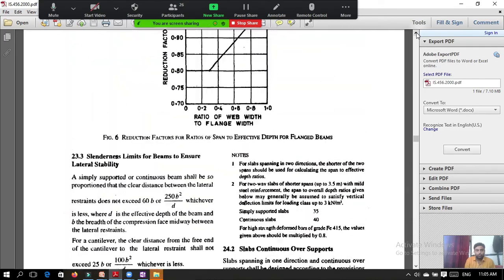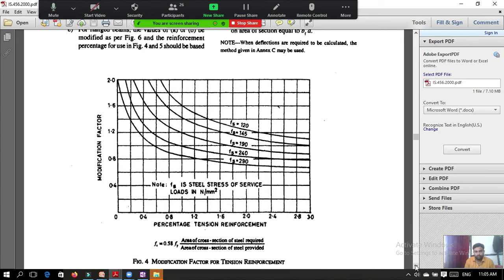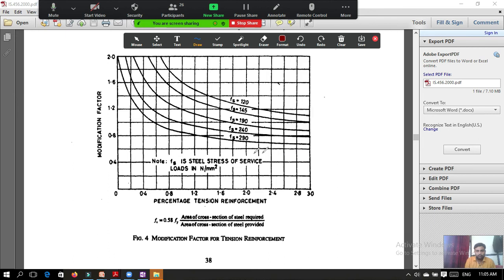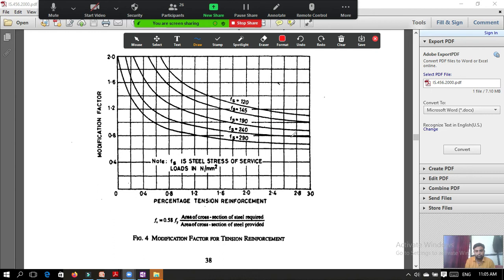So, this is the diagram. Now see here in this diagram. So what is our percentage of steel? Our percentage of steel is 0.33.